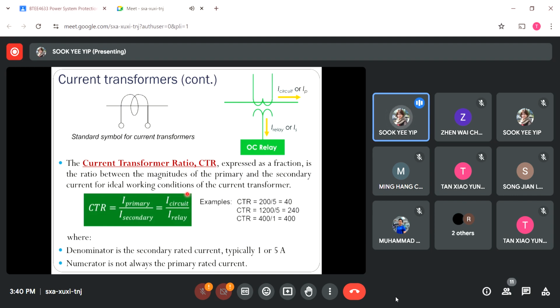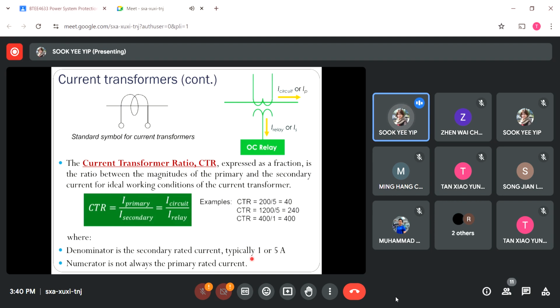This circuit current here could be the fault current as well. So usually the top part, the numerator, is not necessarily the rated current flow; it could be the short circuit current. But the secondary current is always standardized to a certain value, either 1 amp or 5 amp, depending on where you stay, or depending on the applications.